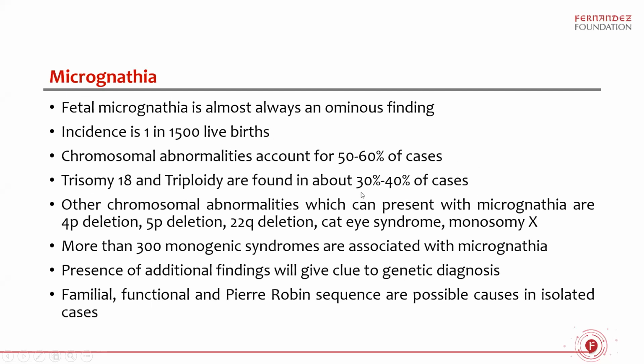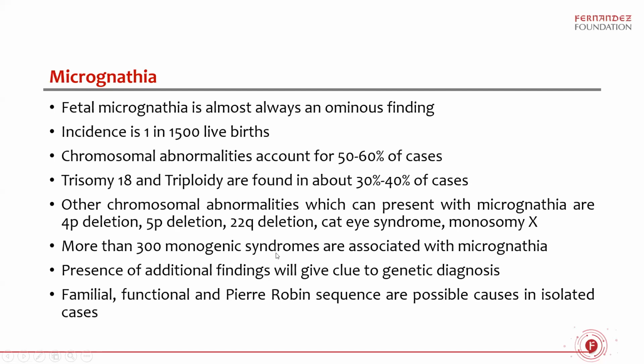Out of 50 to 60%, 30 to 40% is accounted for by trisomy 18 and triploidy. When we look into chromosomal abnormalities other than aneuploidies, copy number variations like 4p deletion, 5p deletion, 22q deletion, Cri-du-chat syndrome, and monosomy X can also present with micrognathia in the prenatal period.